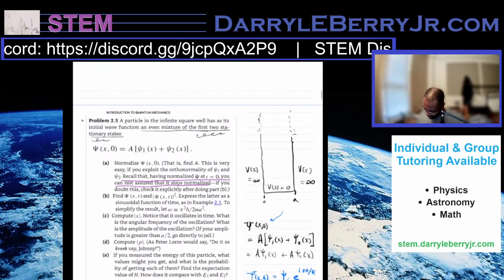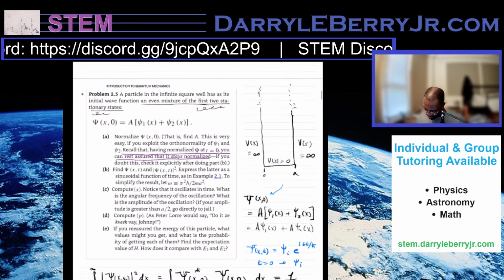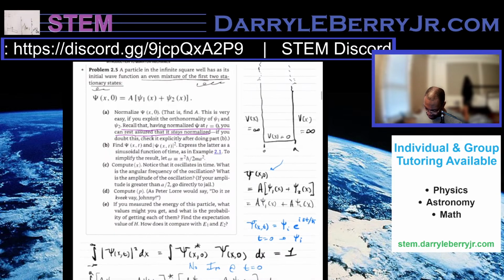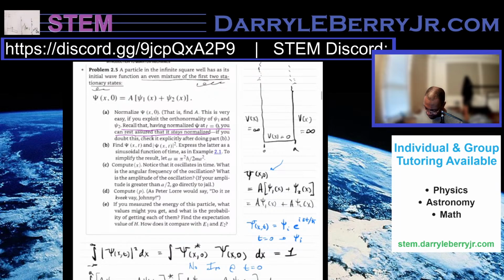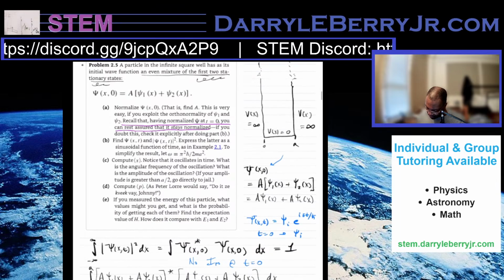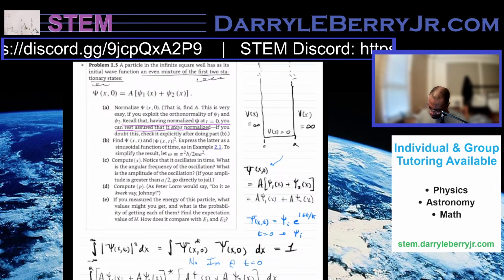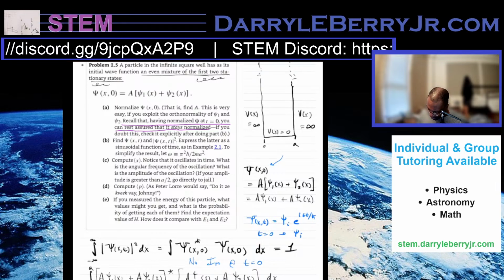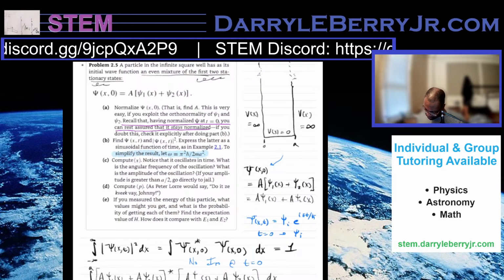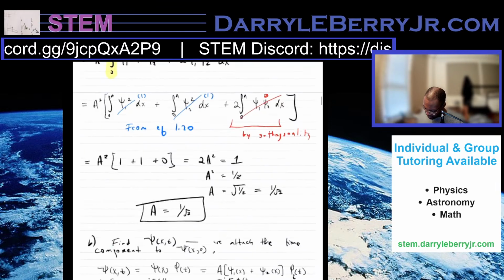Yeah, it did. Express the latter as a sinusoidal. Find psi of t and psi squared of t. Express the latter as a sinusoidal function of time. As an example, simplify the result and define omega as pi squared h bar over 2m a squared.